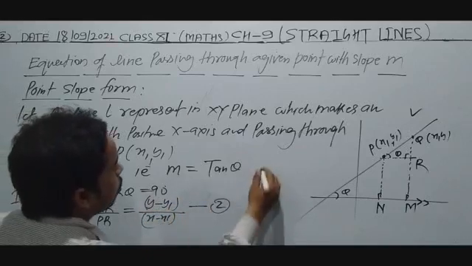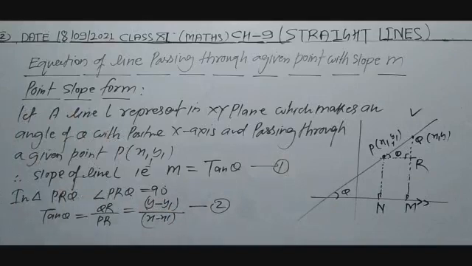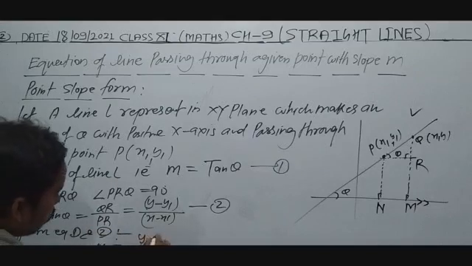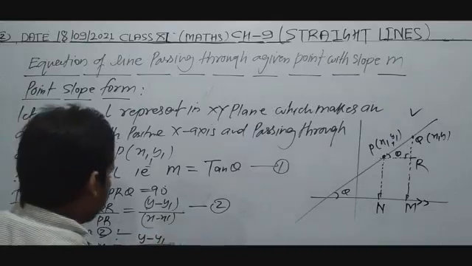Consider this equation 1 and this equation 2. Now from equation 1 and 2, m is equal to y minus y1 whole upon x minus x1.